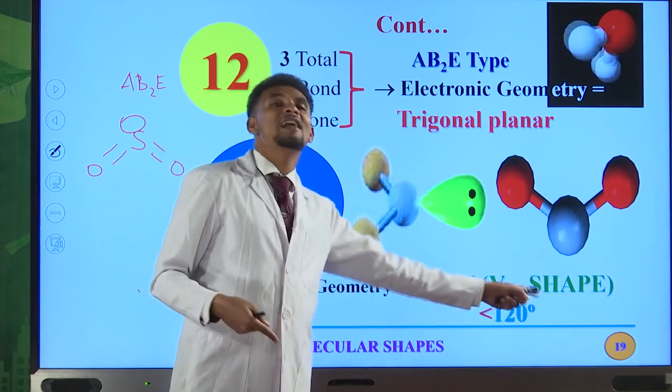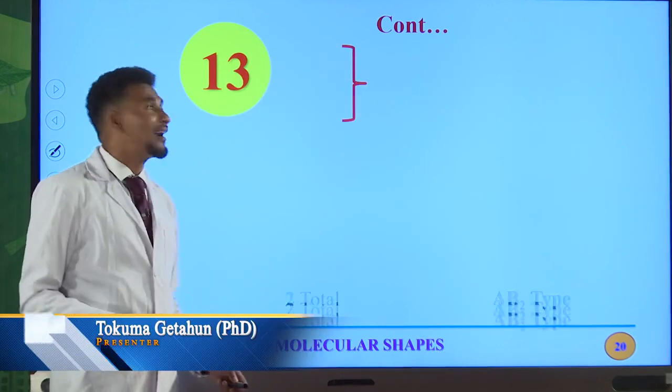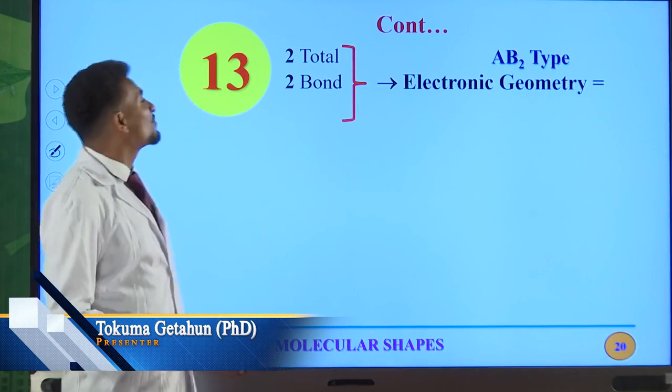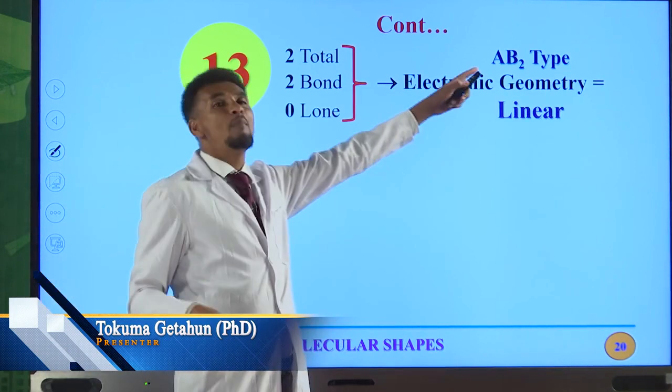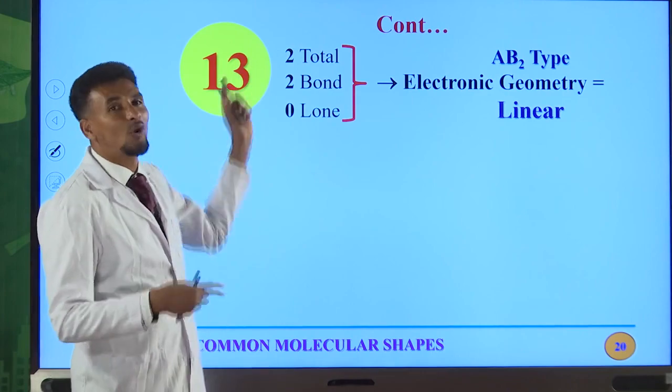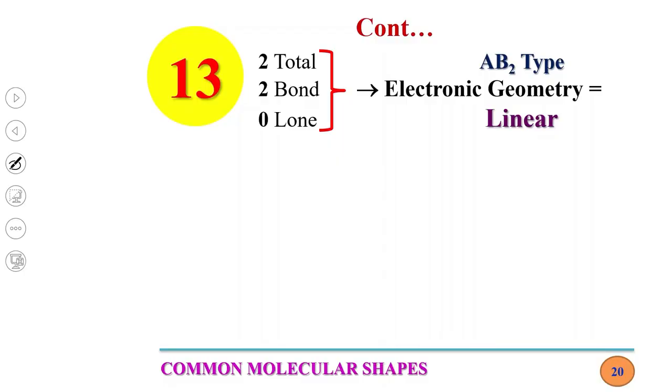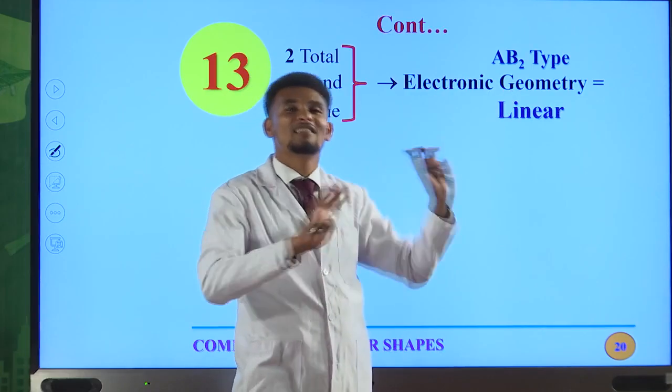The last one, or the 13th common shape of molecules, is molecules that have AB2 type. In this case, in total we have 2 bonding pairs, but we have no lone pairs around the central atom. So all molecules that have AB2 type, their electronic geometry is linear.